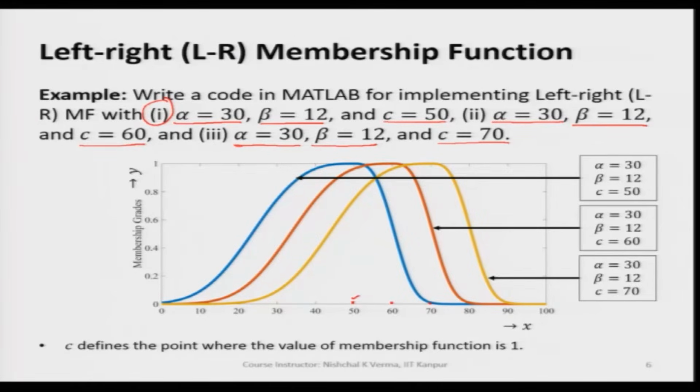So, we can clearly see the first membership function, which is shown in blue, where the membership value is 1, and the second case, the second membership function, has its membership value 1, and in the third case we also have the membership value 1.